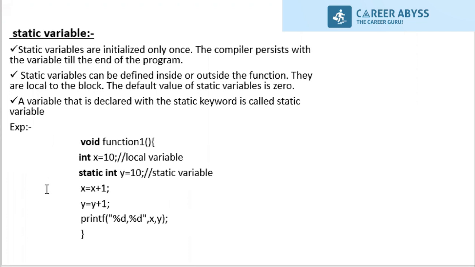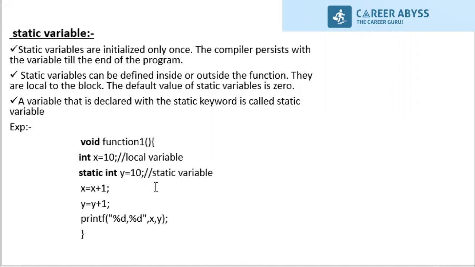Static variables, we just put the keyword static: static int y equals 10. It becomes a static variable. But let's understand, even if we are putting x equals 10, which is a local variable, why do we need a static variable? The static variables are initialized only once.